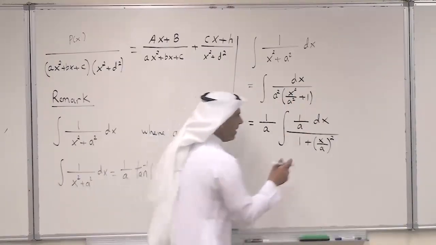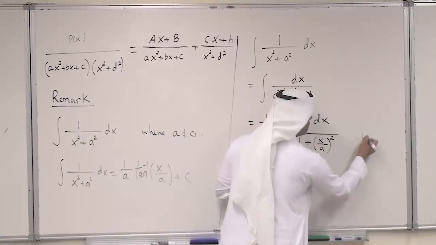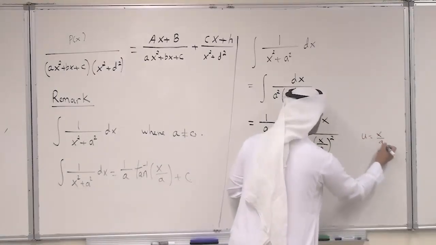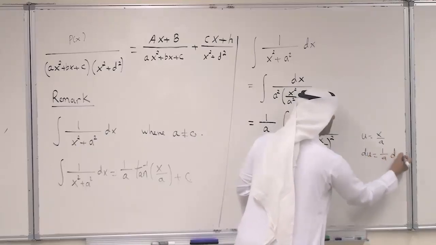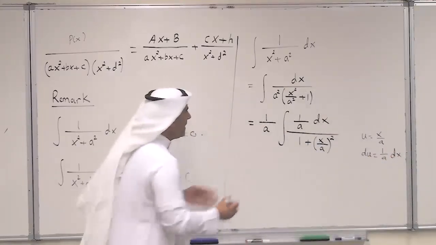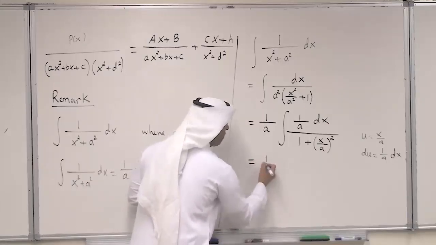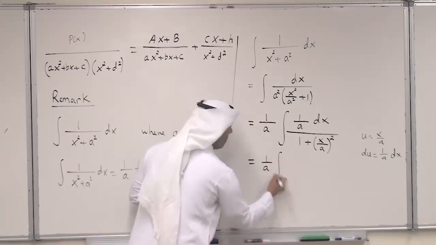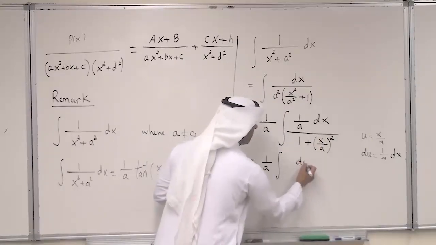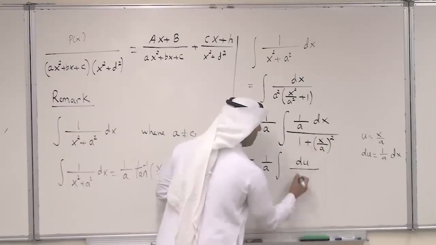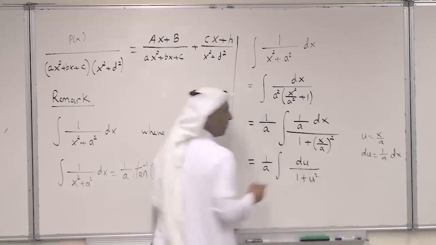Now, look, if you call u equal to x over a, what will be du? It will be 1 over a dx, right? So what will be the integral then? The integral will be 1 over a integral of I need 1 over a dx. This is nothing but du. All over 1 plus what? U squared.